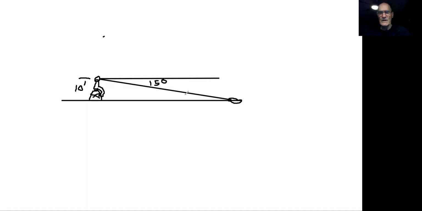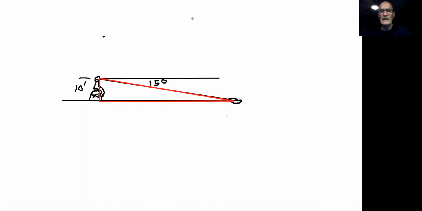Now, if I come back in here and get a different color, we can draw a triangle from his eyes down to the ground, then out to where the swimmer is, and then back up to his eyesight. So now we have a right triangle.